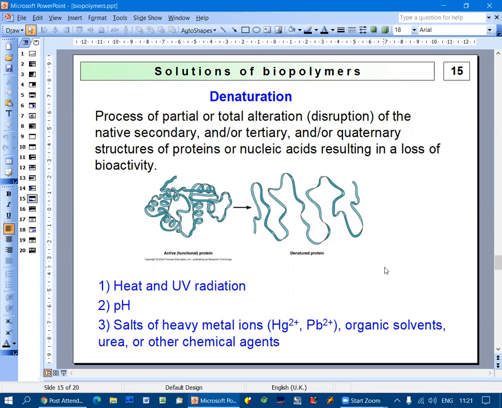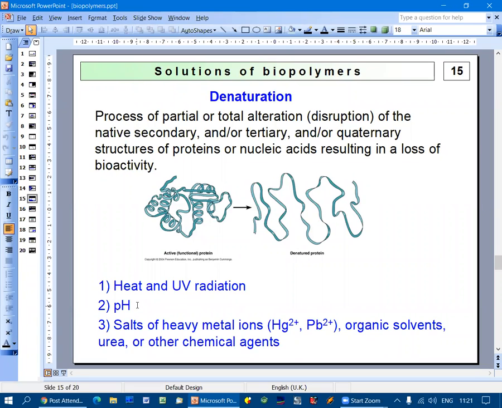Well, first of all, it is heat and ultraviolet radiation, because the absorption of excess energy will increase the kinetic energy, and parts of molecules will move freely, and it leads to disruption of these hydrogen bonds.